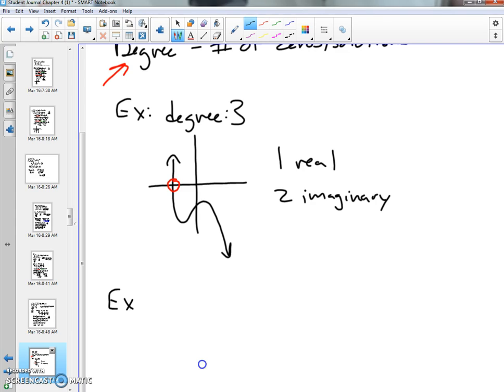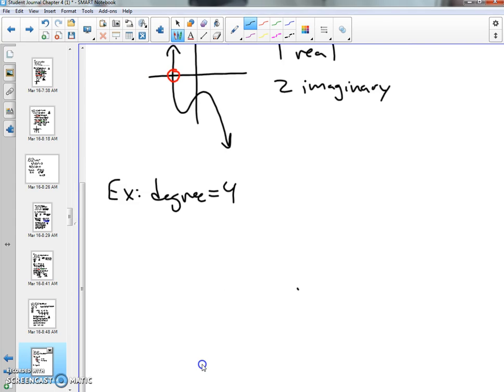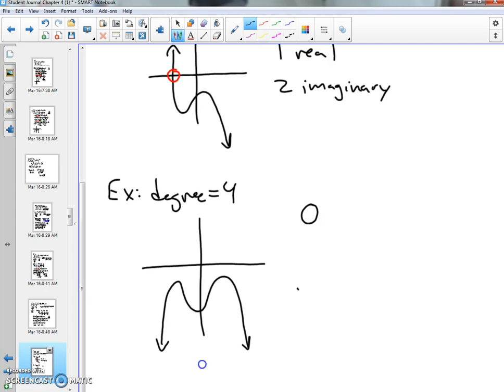Let's say, for example, we had a degree of 4. And my polynomial looked like this. So I can tell my degree is even because of my end behavior, both ends are going down. And this does not touch the x-axis at all. But my degree is 4, so there have to be 4 solutions.